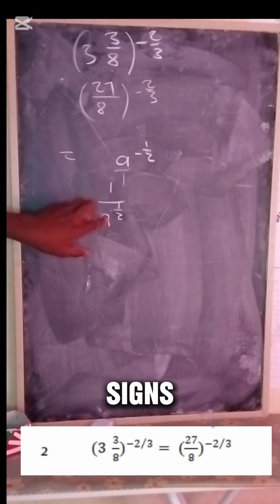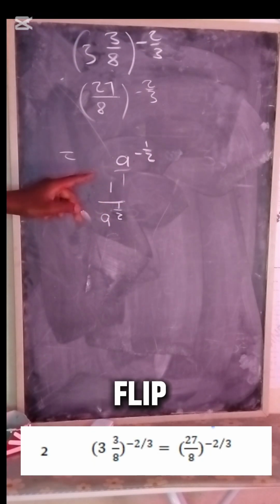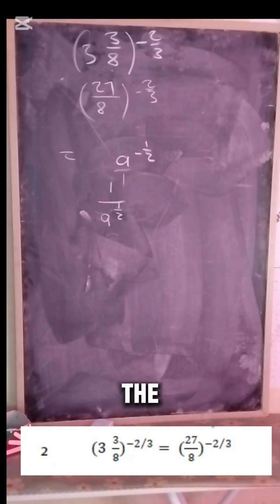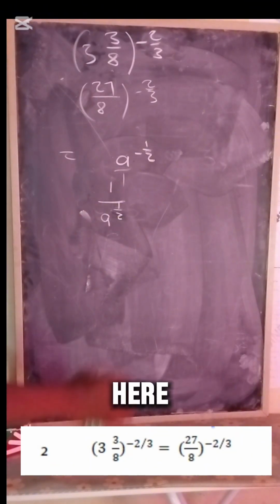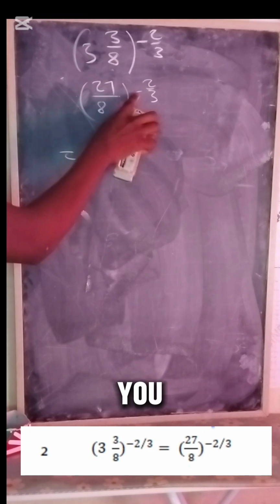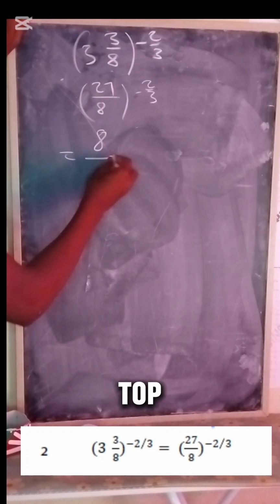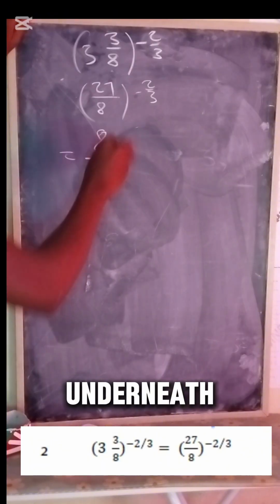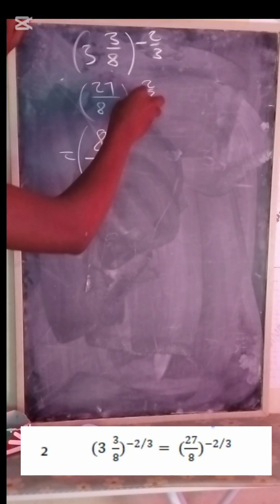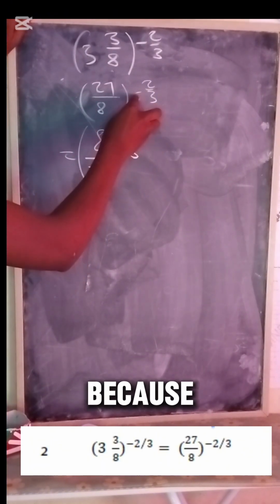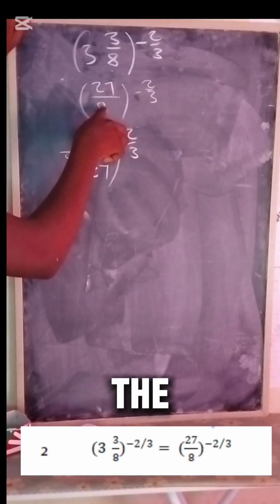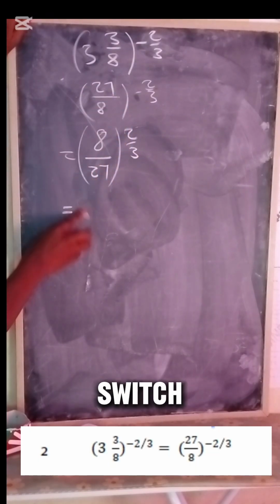You change the signs, you flip the denominator with the numerator. So here, you change the sign, it's going to be the denominator on top and the numerator underneath. Then it's going to be 2 over 3 because of the negative. The negative made the numerator and the denominator switch.